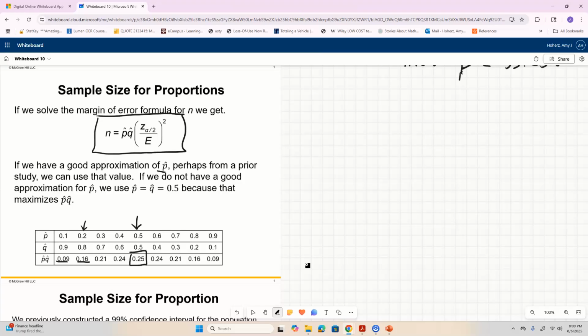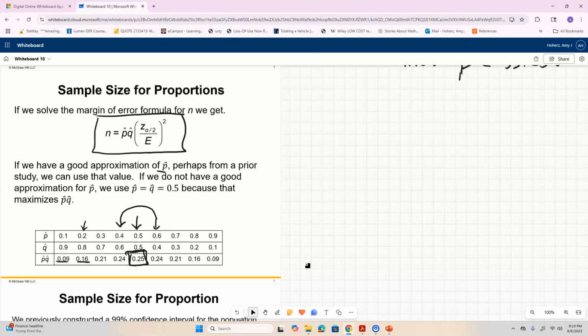Well, that's bigger than any of the ones we had so far, but once we go to the other side of that, then we start repeating things. So 0.6 and 0.4 is the same as what we had for 0.4 and 0.6. And so it starts repeating itself, so instead of going consistently upward, it's now going consistently downward. So this is the biggest value you can get from a p-hat and a q-hat. So we err on the side of caution.